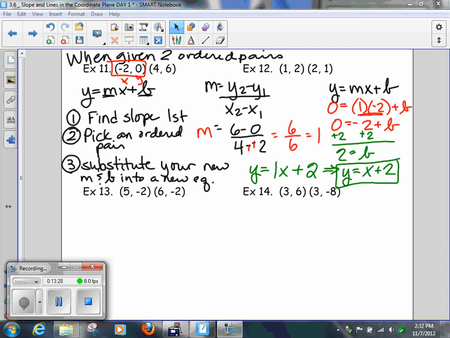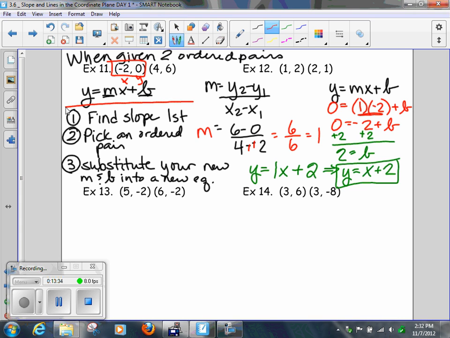Folks, remember: find the slope first, pick an ordered pair, and then substitute your new m and b into a new equation, that's all you do. It's just substitution. It's like substitution on steroids, okay?